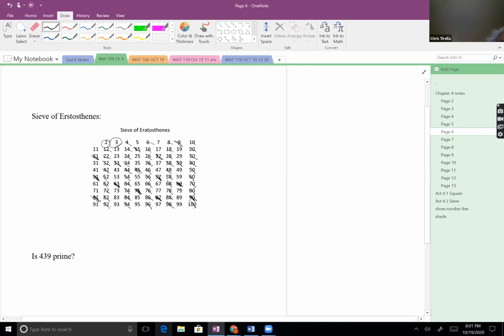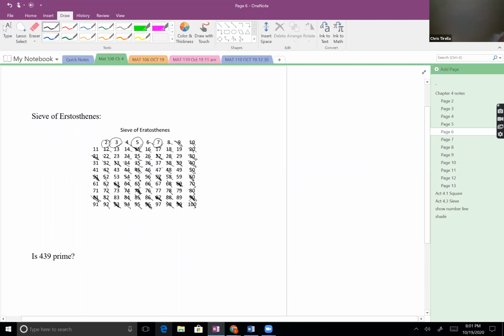And we can do that just by counting over every third number. And then what's left is 5. And so if we count over every fifth number and cross them out, we'll be crossing out the multiples of 5, which therefore would not be prime.